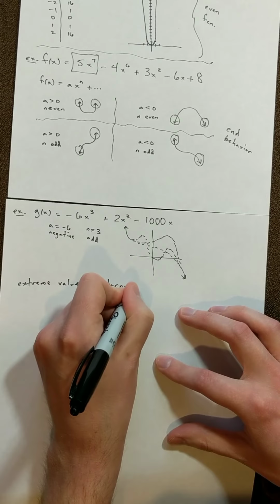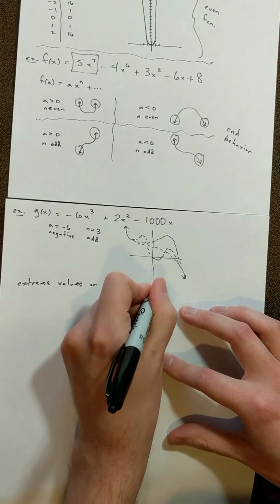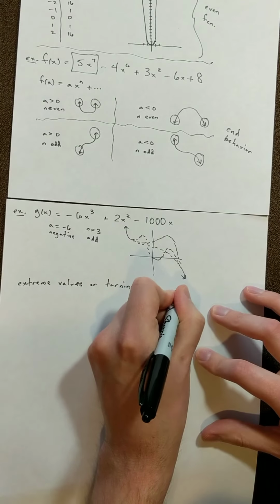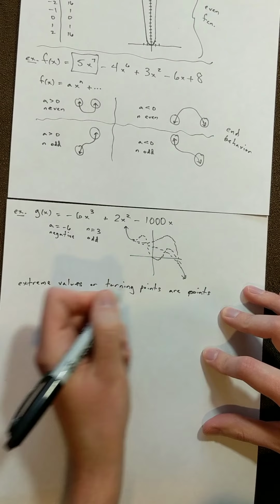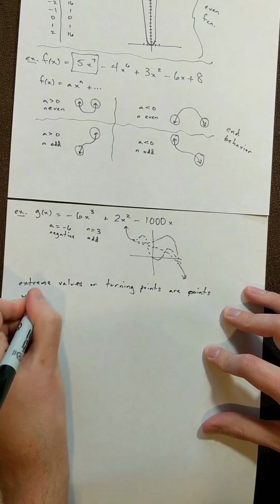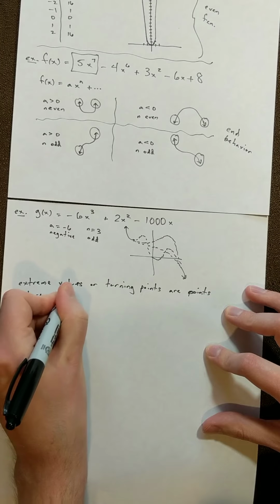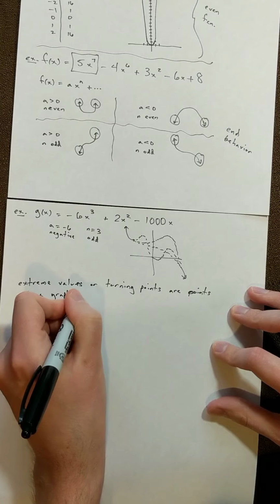So extreme values or turning points are points where the graph changes from going up to going down.